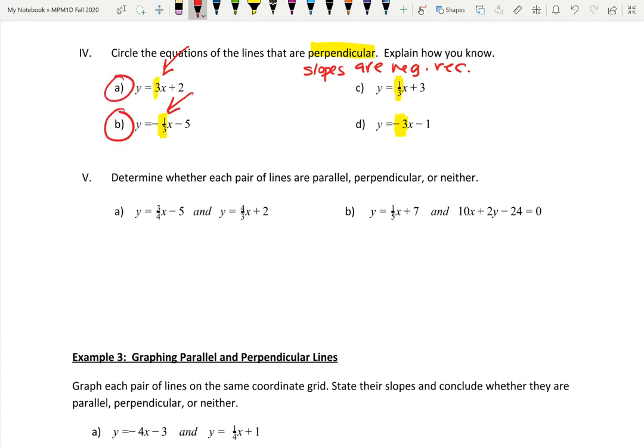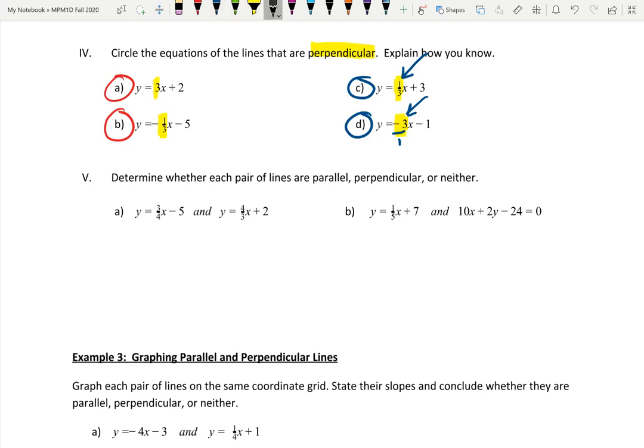So A and B, those lines are perpendicular to each other. But I'm just going to look at C and D for a second. The slope of C is 1/3. So the negative reciprocal of 1/3 would be -3, or -3/1, which is written right here. So A and B are perpendicular, and C and D are also perpendicular.